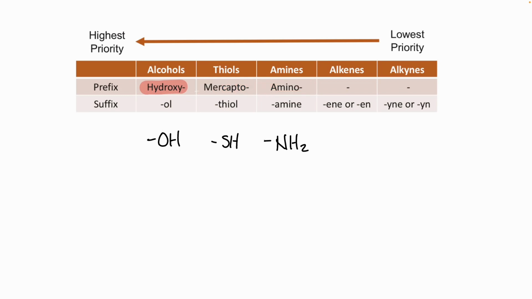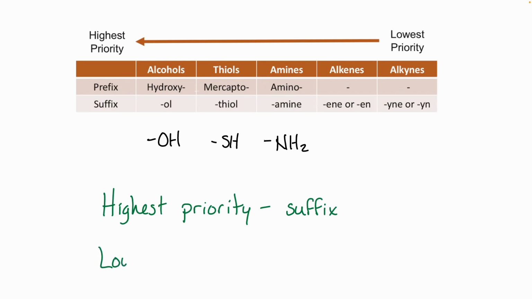So when we have a molecule that has two different functional groups in there, the highest priority group you refer to by its suffix, but the lower priority group you no longer refer to by its suffix, you refer to it by its prefix. It becomes just another substituent.